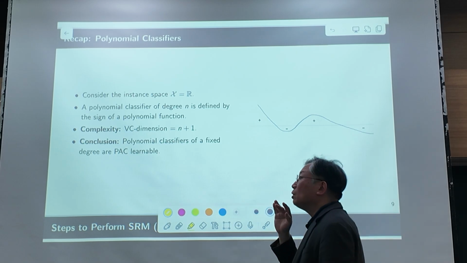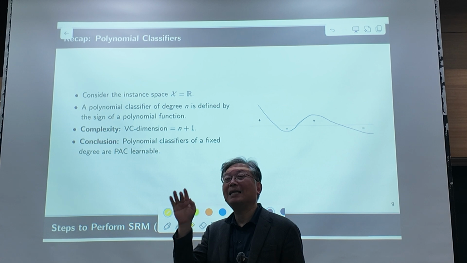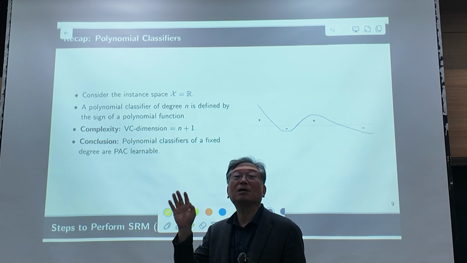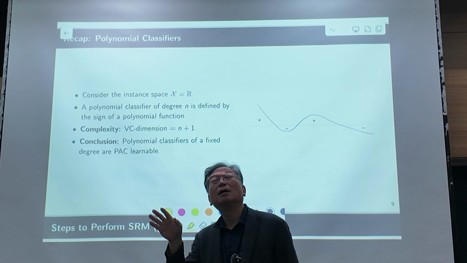So the VC dimension of an nth order polynomial is at least n plus 1, because it can go through n plus 1 data. You can label it any way you want.